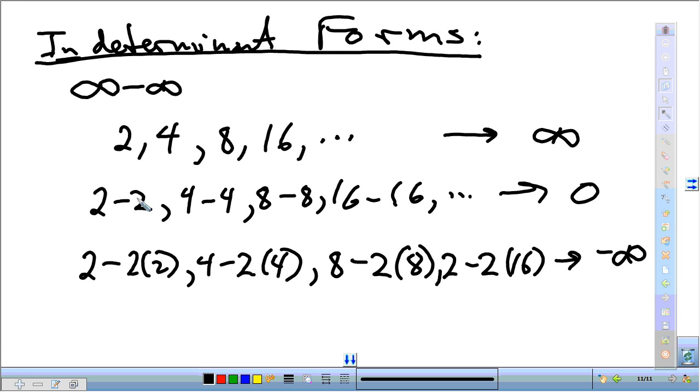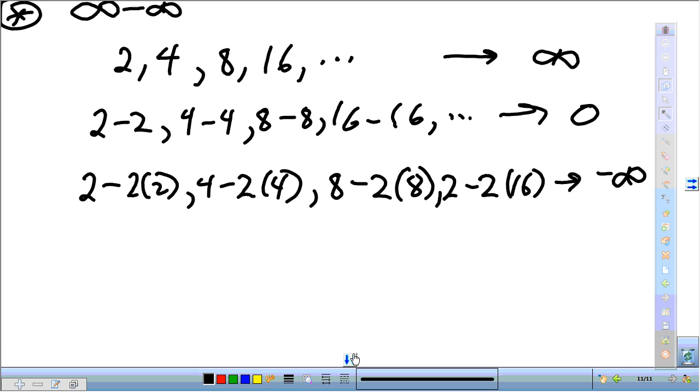So we have a problem. We could actually come up with all kinds of examples of something becoming large minus other things becoming large, but the possible limiting value over here is about any number we want. That's why we can't assign a particular value to the concept of infinity minus infinity. So it's said to be indeterminate. We can't determine a single concept for that.